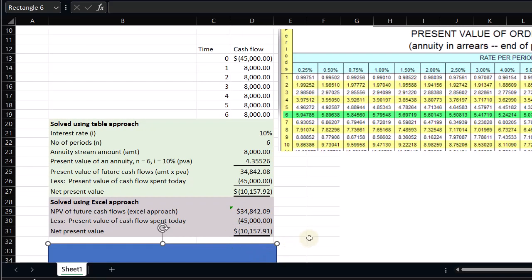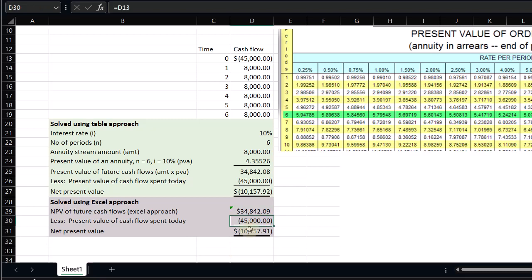Then we subtract out the present value today, 45,000, and we get essentially the same number, off by a penny, which doesn't matter because the decision still shows us that this is not a good value.